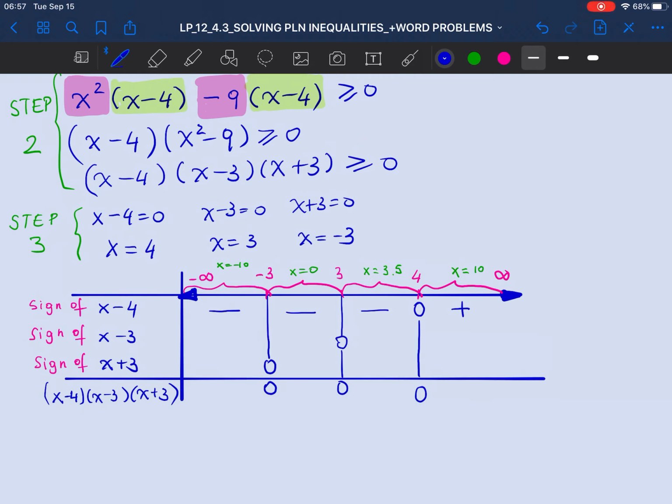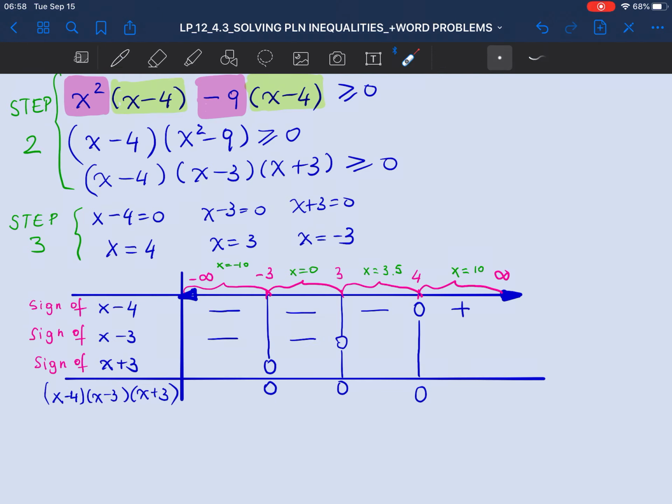The next factor is x minus 3. x minus 3 is 0 at 3. So for x between negative infinity and negative 3, we plug in the testing value of negative 10. Negative 10 minus 3, negative. For x values between negative 3 and 3, we take the testing value of 0. 0 minus 3, negative.